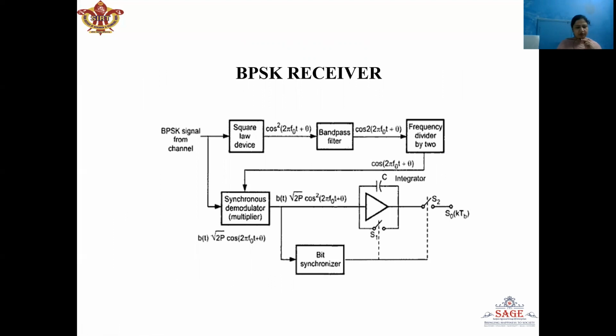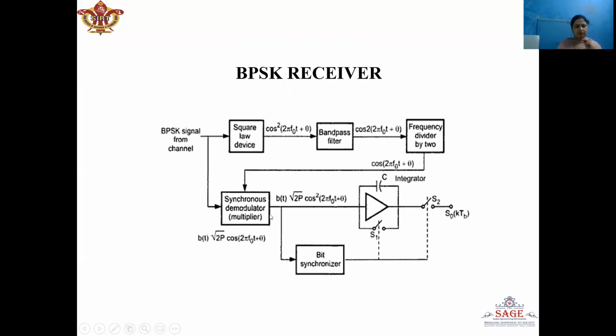It is used to regenerate the waveform cos (2 pi f naught t plus theta). Then we have used a synchronous demodulator, in which the incoming BPSK signal is multiplied with the synchronous carrier signal.